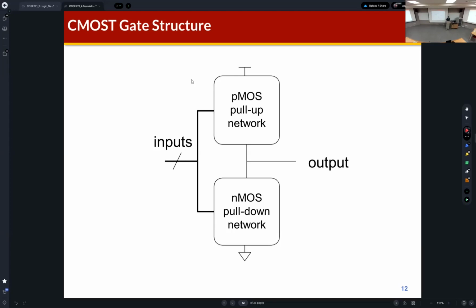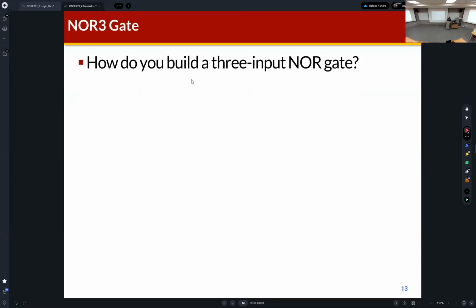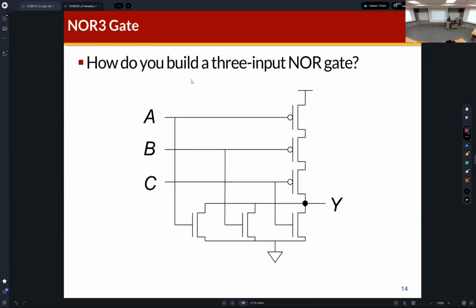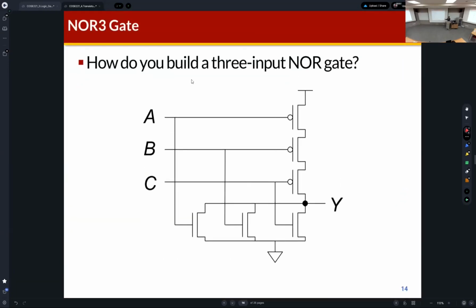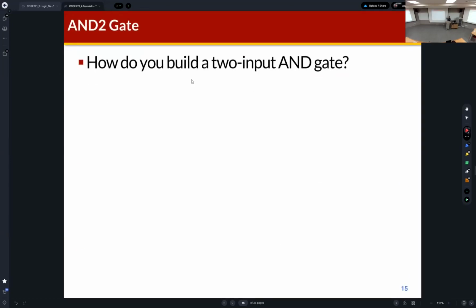The MOS transistor does not include a bubble. So we can easily build the NOT gate, NOR gate, and NAND gate using these CMOS transistors. But in order to implement an AND gate or OR gate, we need to combine a NAND gate and an inverter, or a NOR gate plus an inverter. Okay.